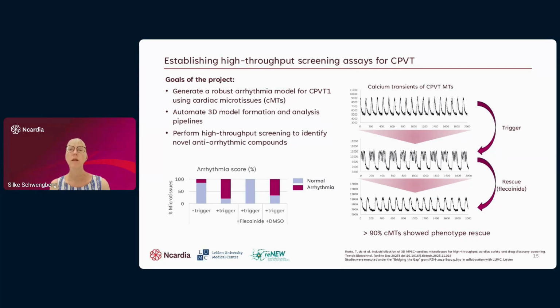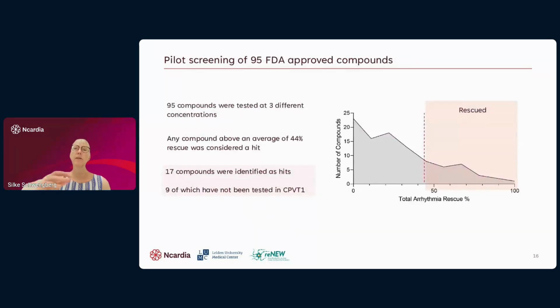And that then triggered the next step, which was a pilot screen of 95 FDA-approved compounds. So these were not compounds specifically approved for the disease itself, but all marketed drugs spanning various modes of action, so drugs acting on calcium channels, on sodium channels, and they were all on the market already.